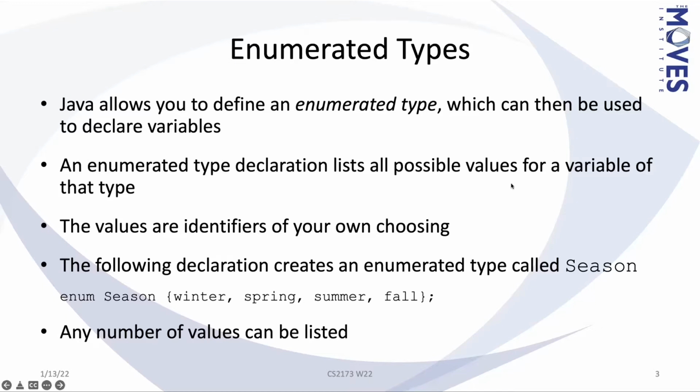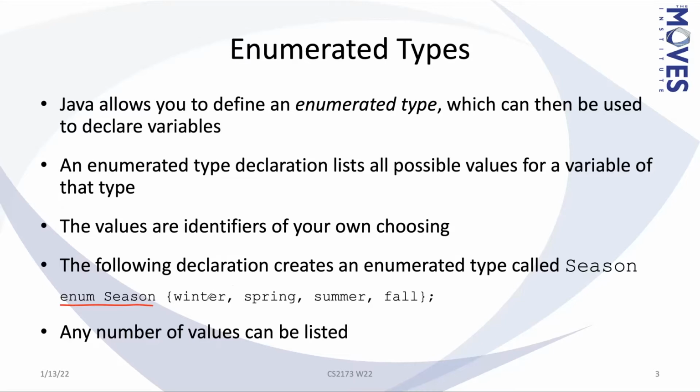So in one example, supposing we have a model that's going to be using season, rather than having some magic number that says if it's a 1, then it's winter, if it's a 2, it's spring, etc., we define an enum, which under the hood is really a class, but it's really another type.